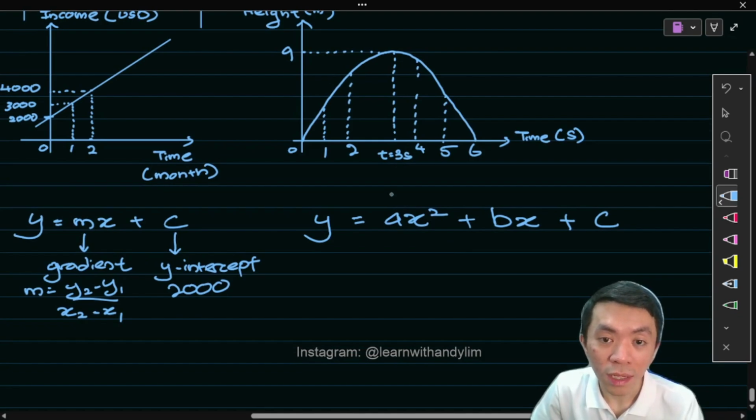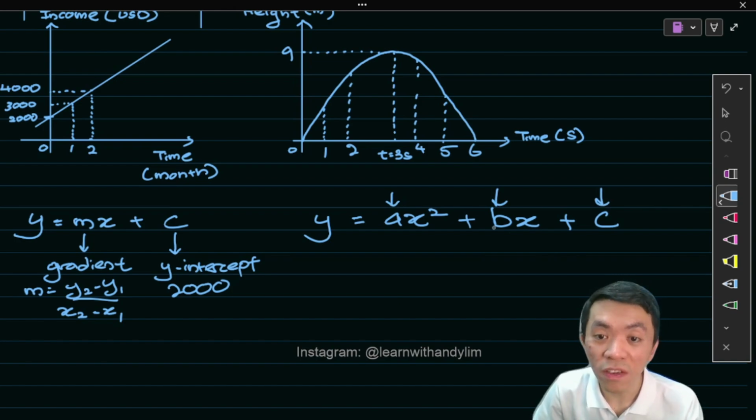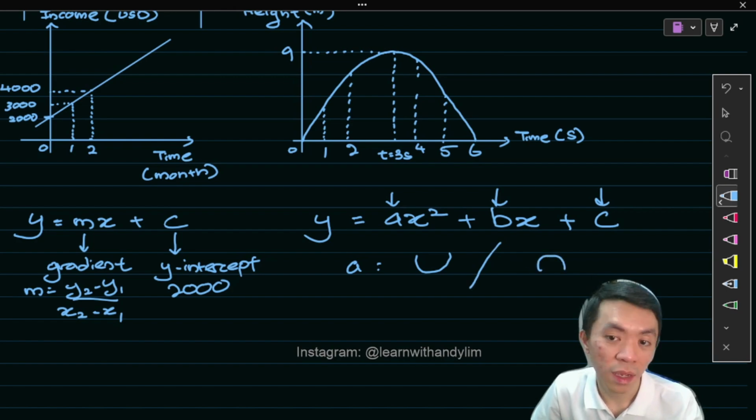We call a, b, and c the coefficients of my quadratic function. a is used to determine whether the shape of the quadratic function looks concave up or concave down. If it is concave up, my a is positive.